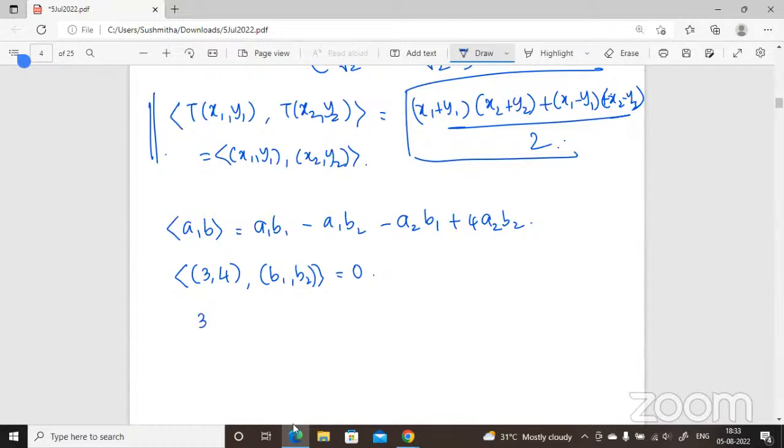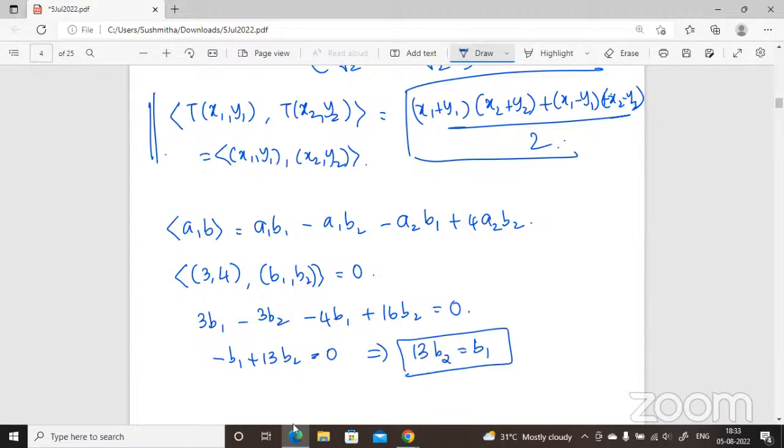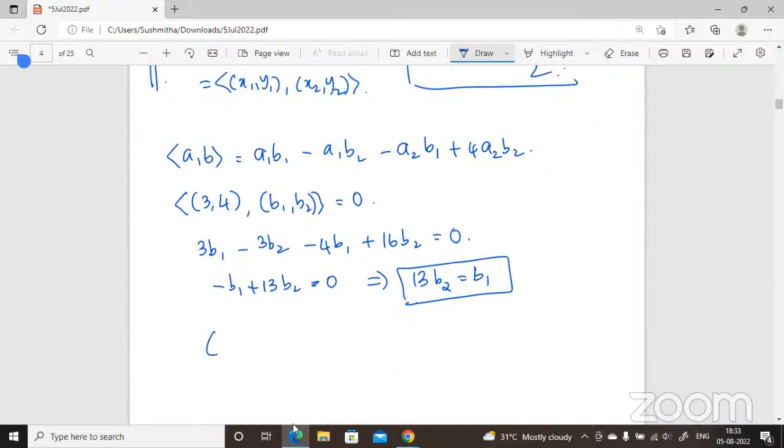So 3B1 minus 3B2 minus 4B1 plus 4 fours are 16B2 should be equal to 0. Minus B1 plus 13B2 should be equal to 0. 13B2 should be equal to B1. Yeah. So you're looking for vectors that satisfy this: 13B2 comma B2.